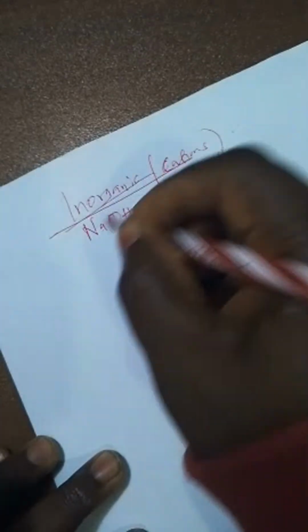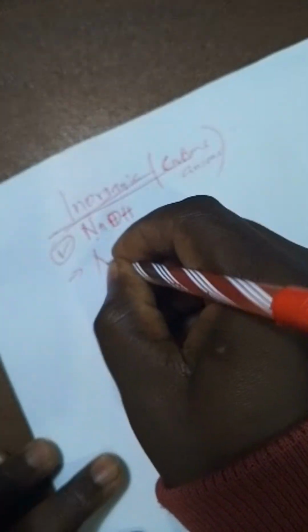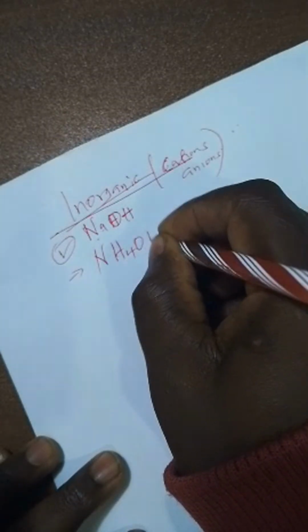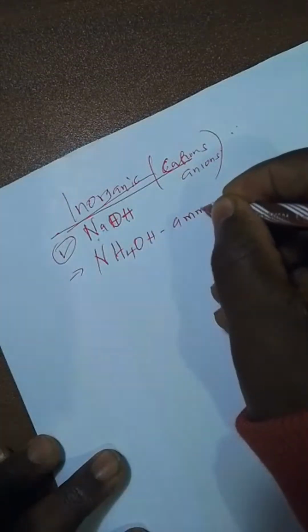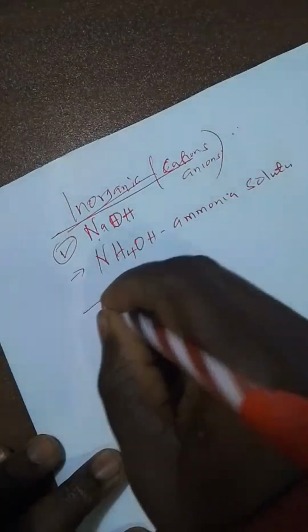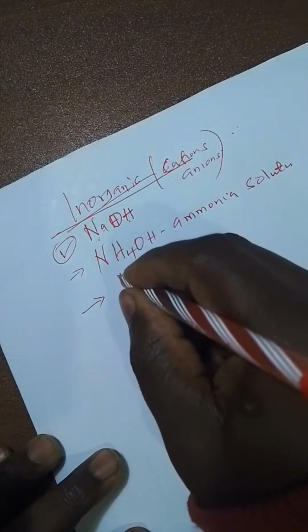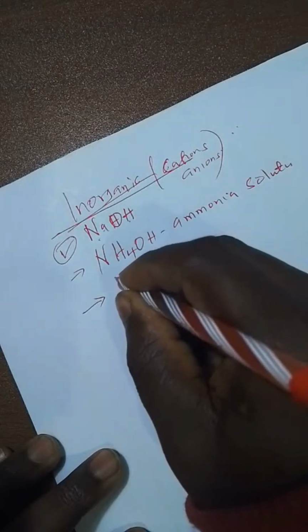So we are inorganic. Reagents that are used there: sodium hydroxide, ammonia solution, lead iodide, even iodine.